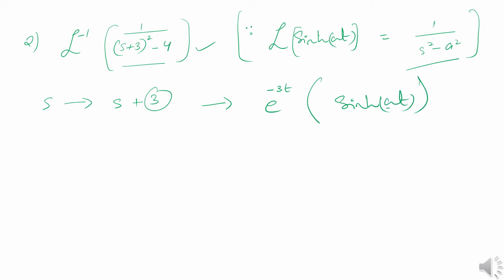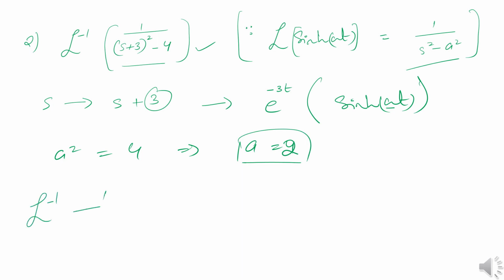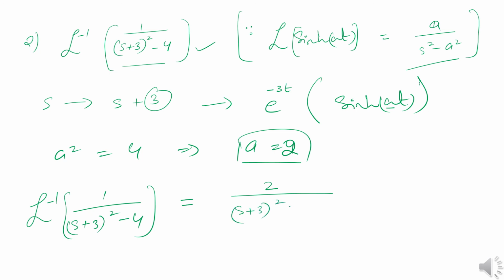Now we have to find a, so we compare a squared with 4, which implies that a is equal to 2. Now we are near to the solution. Sorry, here I forgot to write a, because the transform is a over s squared minus a squared, so I need a in the numerator. Since a is 2, I multiply by 2 in the numerator, so I will divide by 2 as well.